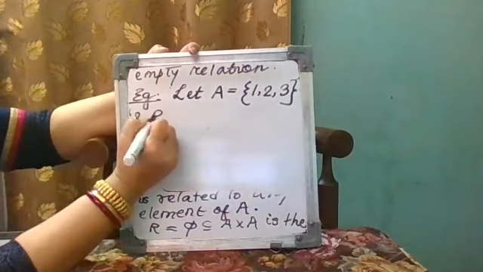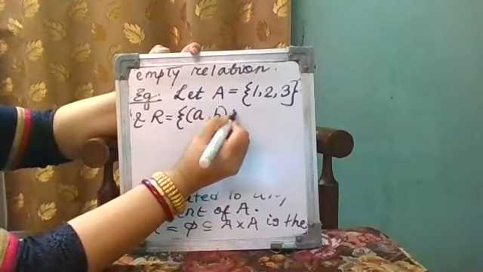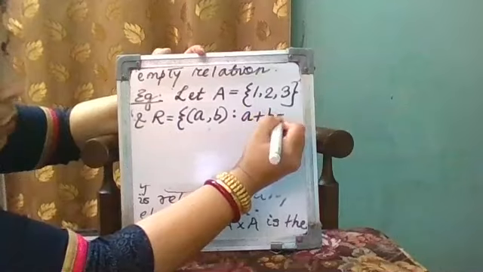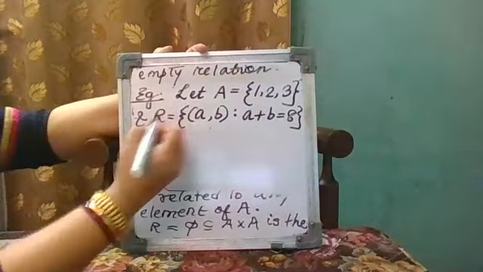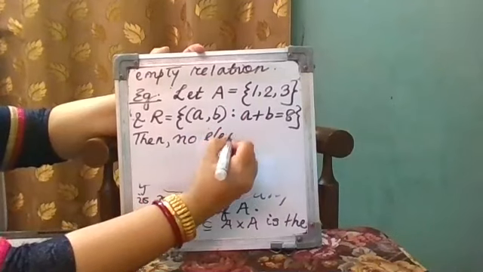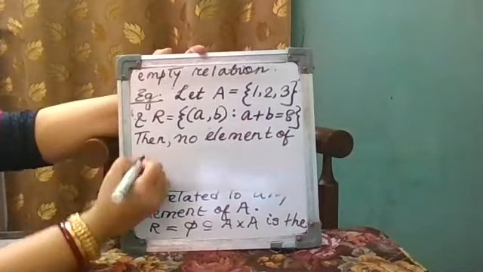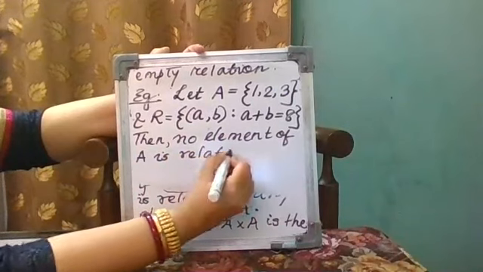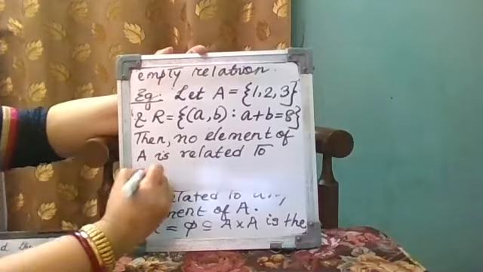And capital R equals ordered pair (a, b) such that a plus b equals 8. Then no element of set A is related to any element of A.